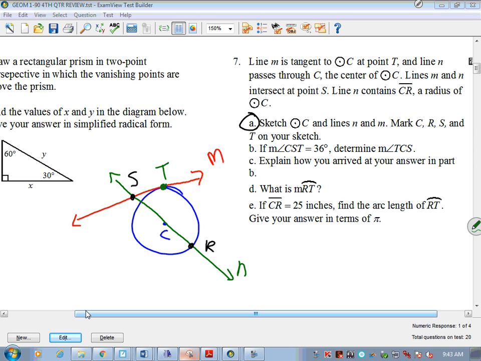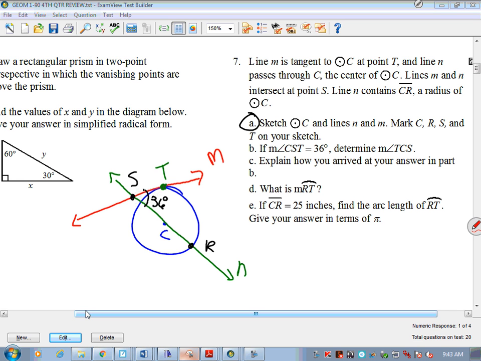Let's see. B, if measure angle CST is 36 degrees, determine the measure of angle TCS. So let's come in here. We should know this angle, CST, is 36 degrees. We want to determine the angle of TCS.